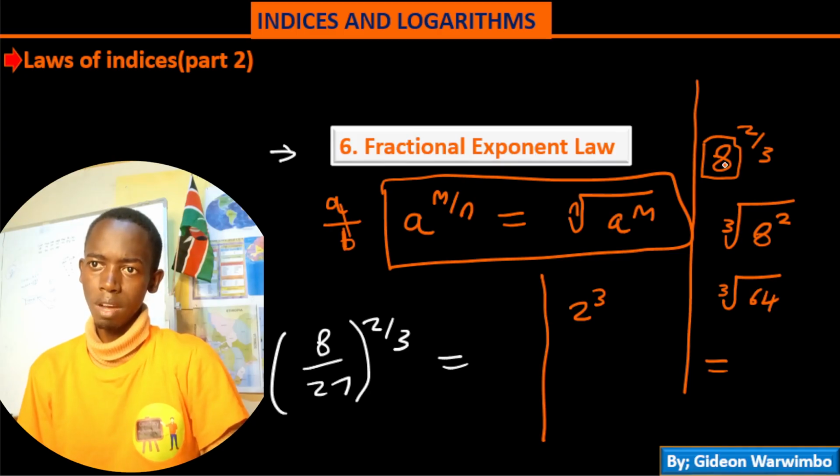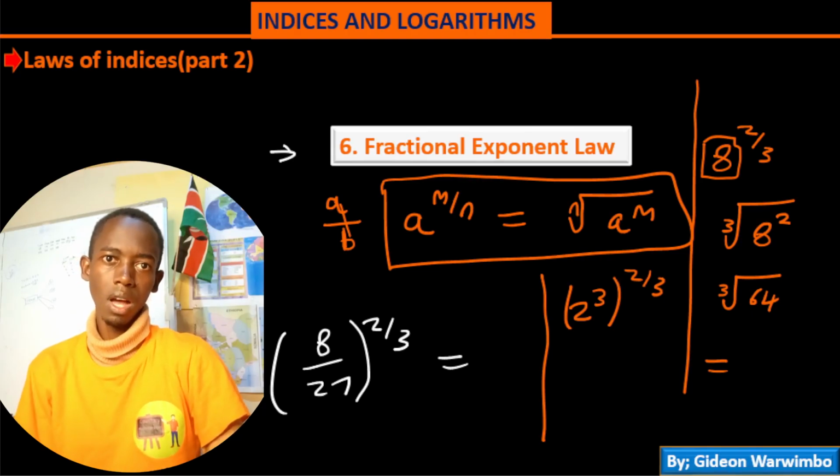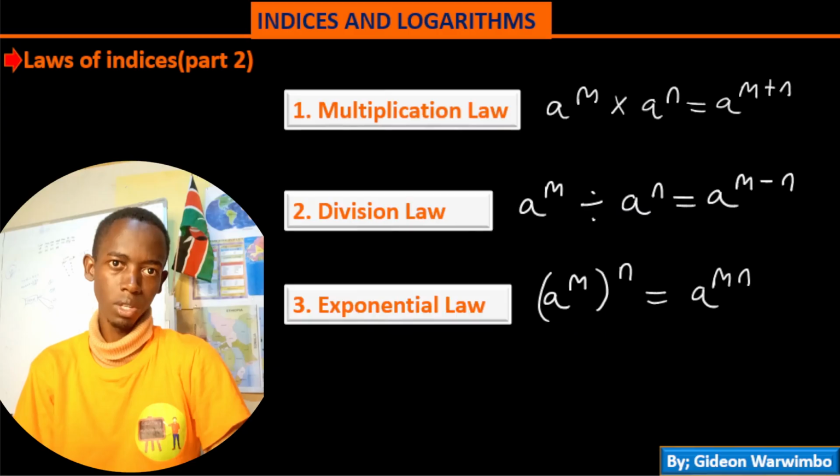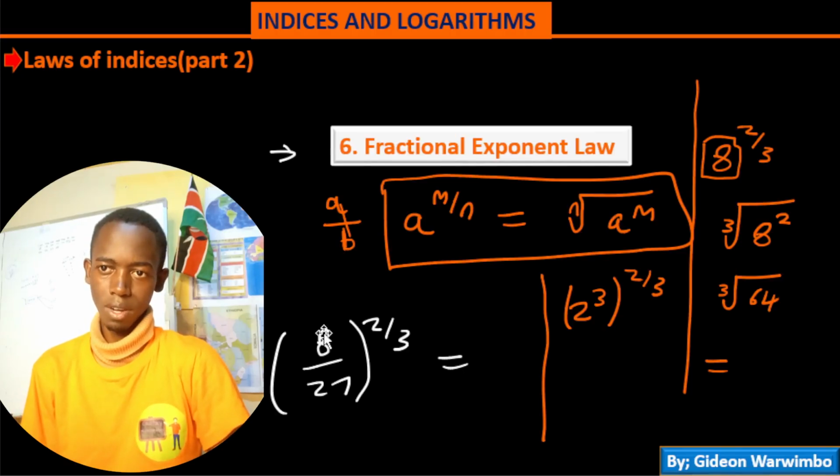So we have 8, which is equivalent to 2 to the power 3, and then we have 2 over 3. Now here we can use a concept that we had already studied, which is right here. Let me take you back. That is the exponential law: whenever you've got a to the power m, all raised to n, that one is equivalent to a to the power m times n. Let's go ahead and apply that right here.